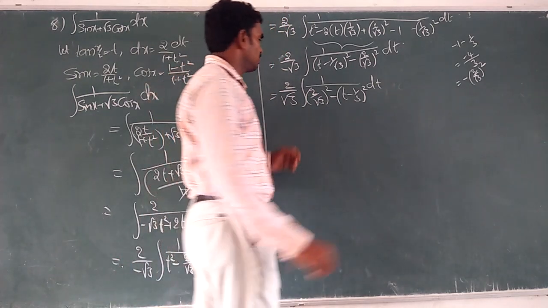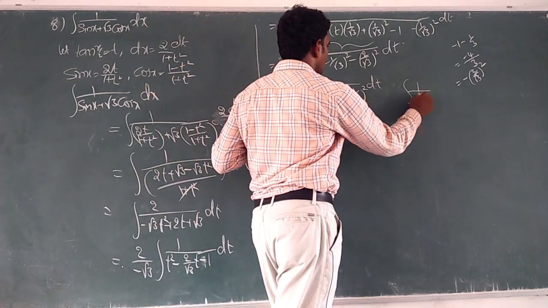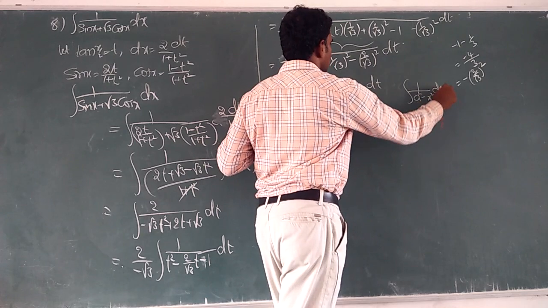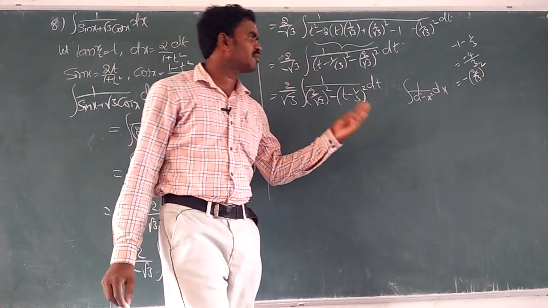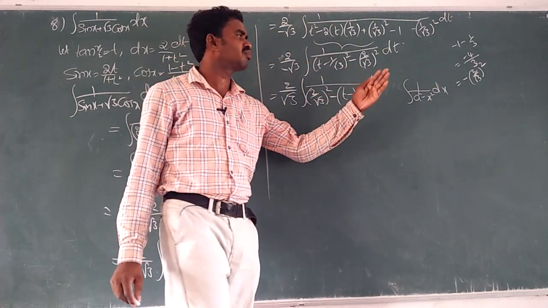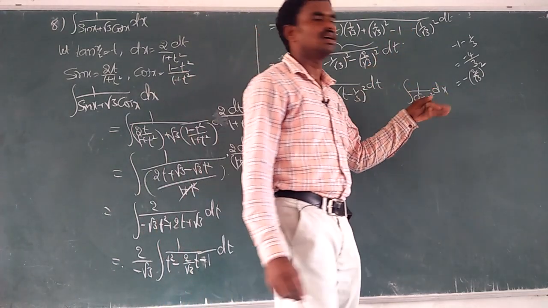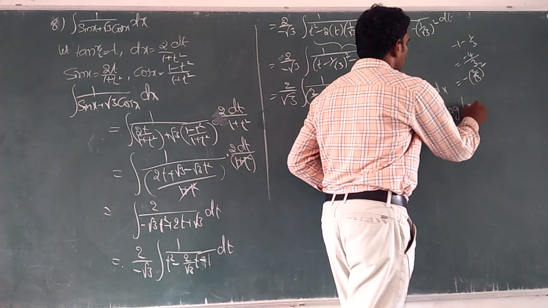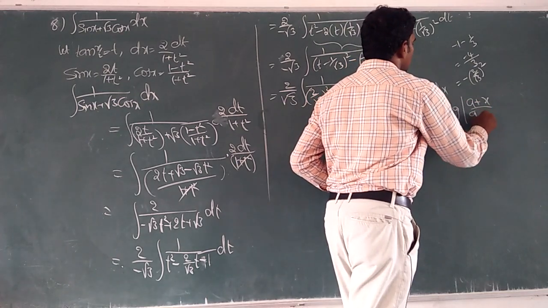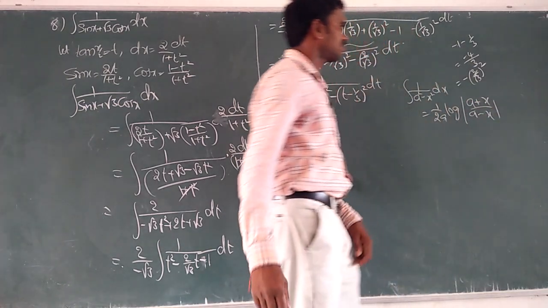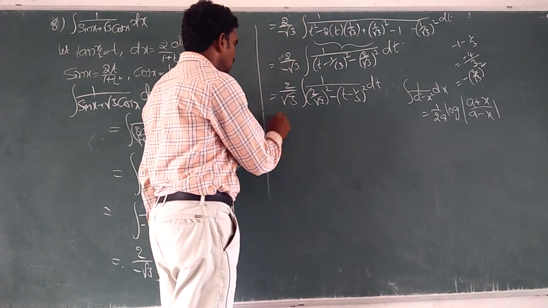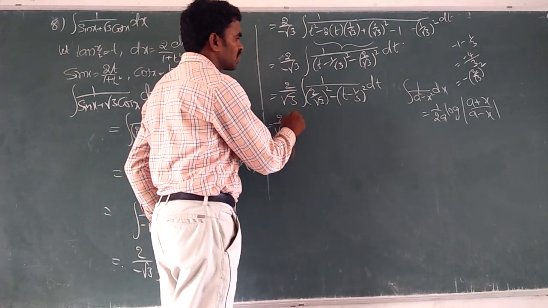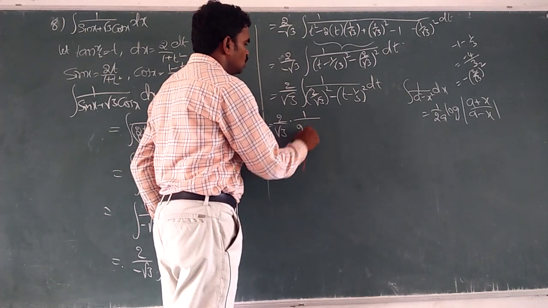So here which formula should we apply? The formula 1 by a square minus x square dx. Generally 1 by x square minus a square is 1 by 2a into log of x minus a by x plus a. But here the formula is 1 by 2a into log of a plus x by a minus x. So using that formula, 2 by root 3 into 1 by 2a.